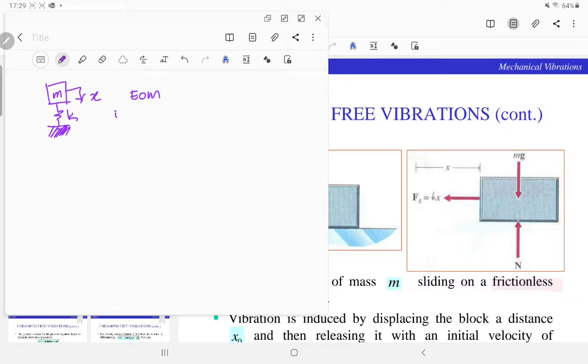The first step is the assumed direction. You have to assume the direction. In this case, I've already drawn the assumed direction, which is going down.